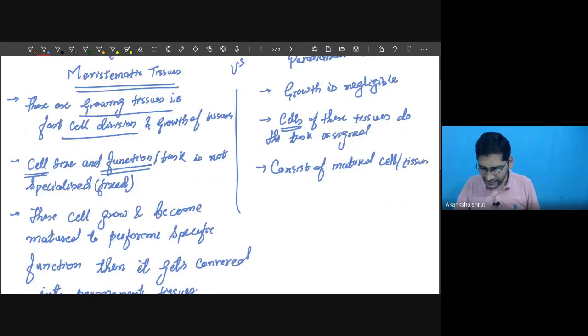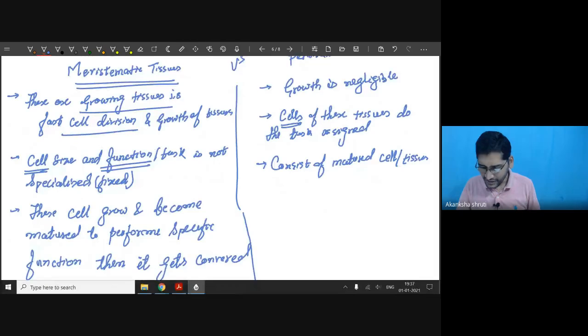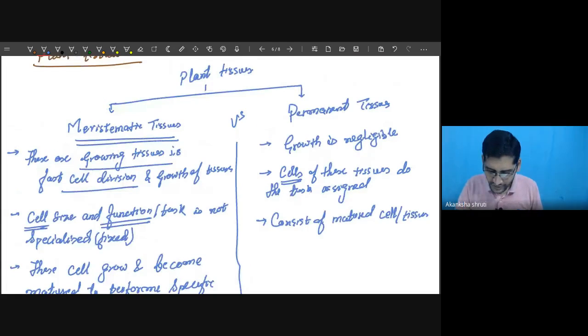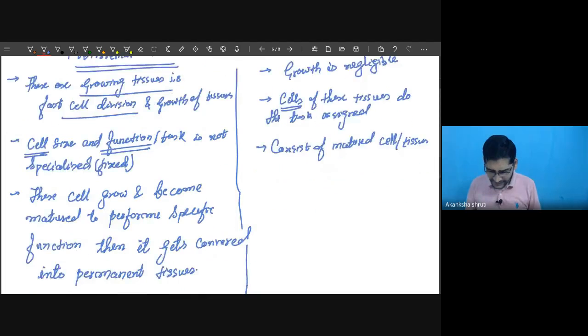So how are these permanent tissues obtained or formed? Students, these permanent tissues are not formed directly, but are obtained from the meristematic tissues. These meristematic tissues get converted into permanent tissues so that they are able to do a particular task, a specific function, and get a specific shape and size.